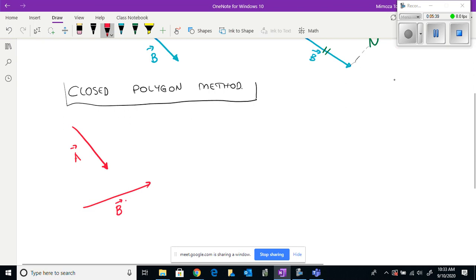What we do is we pick a point as the starting point, and then we place the first vector, vector A, here. Then at the tip of vector A, we place vector B, and then the resultant will close the polygon. This will be A plus B.